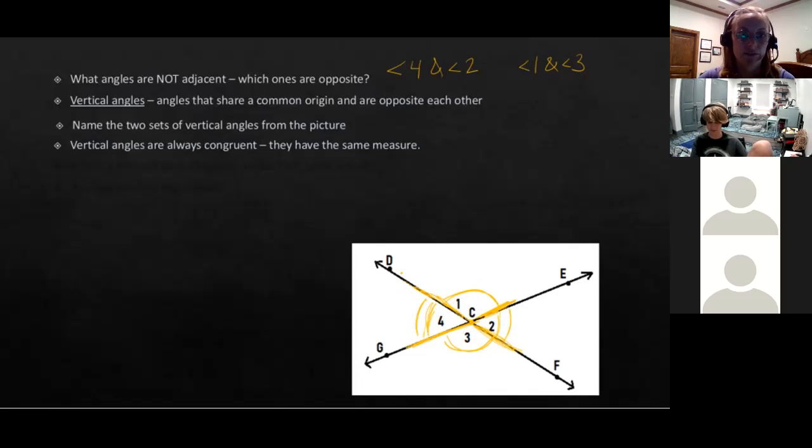It says if DF is a line and EG is a line, and the measure of angle 1 is 110, what is the measure of angle 2?